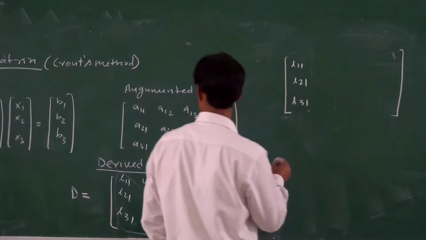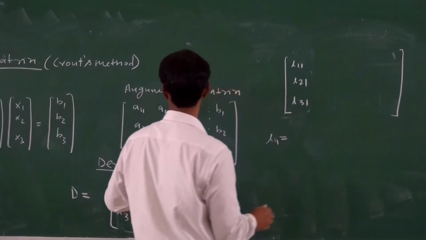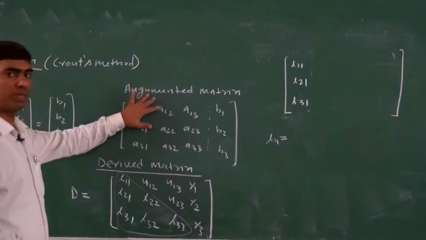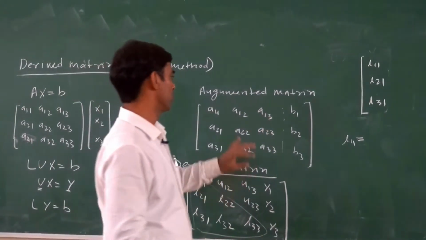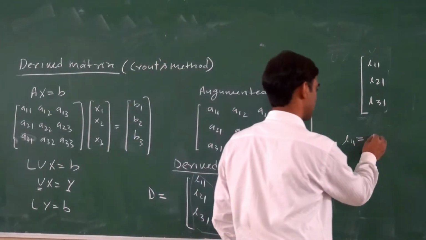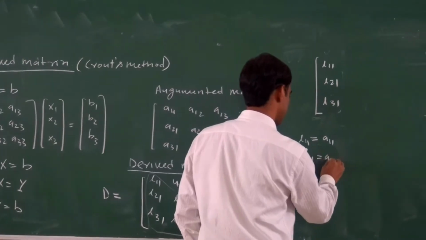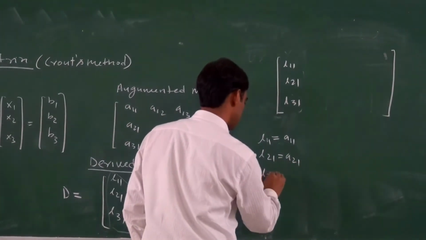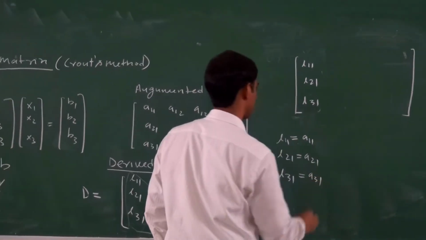So he suggested that L11 you may directly write from the augmented matrix, the matrix A and b. L11 is A11, L21 is A21, L31 is A31.